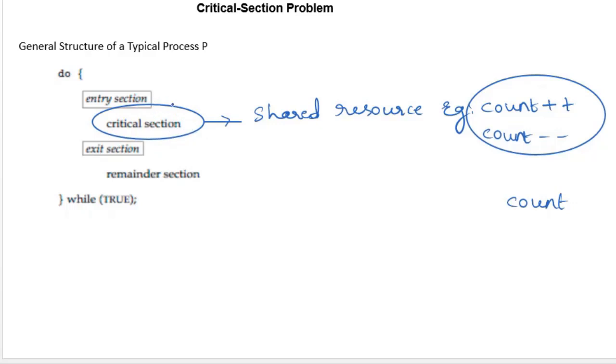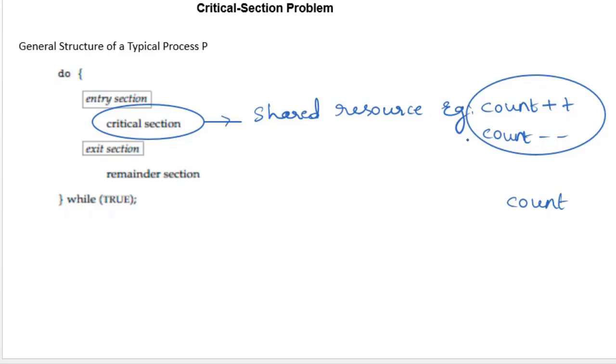An important feature of the system that supports cooperating process is that when one process is executing in its critical section, then no other process are allowed to execute in their critical section.